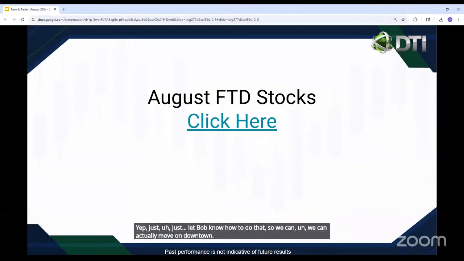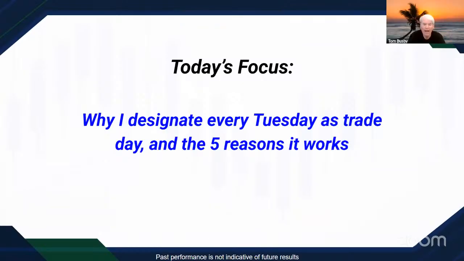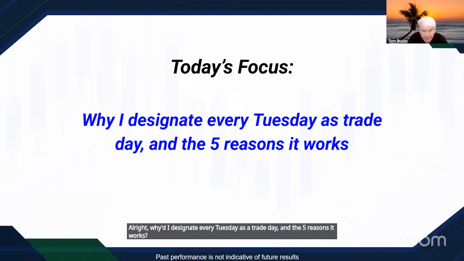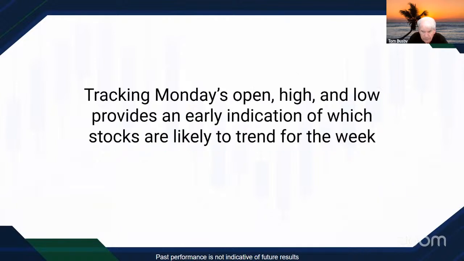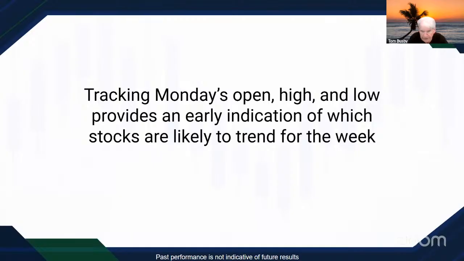Today's focus: why did I designate every Tuesday as a trade day, and the 5 reasons it works? Tracking Monday's open, high, and low provides an early indication of which stocks are likely to trend for the week. Example, Palantir.